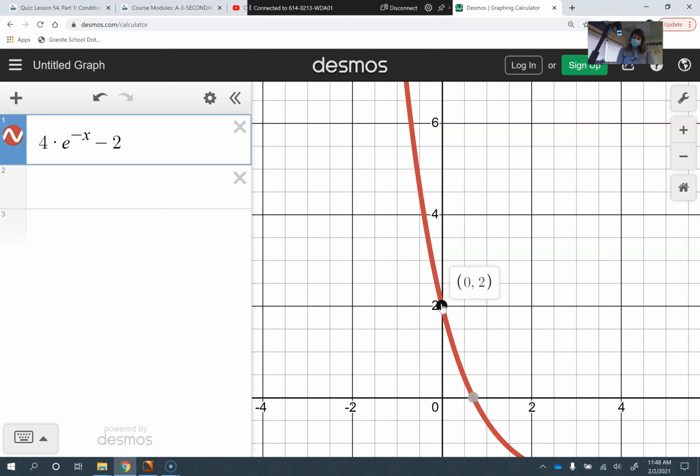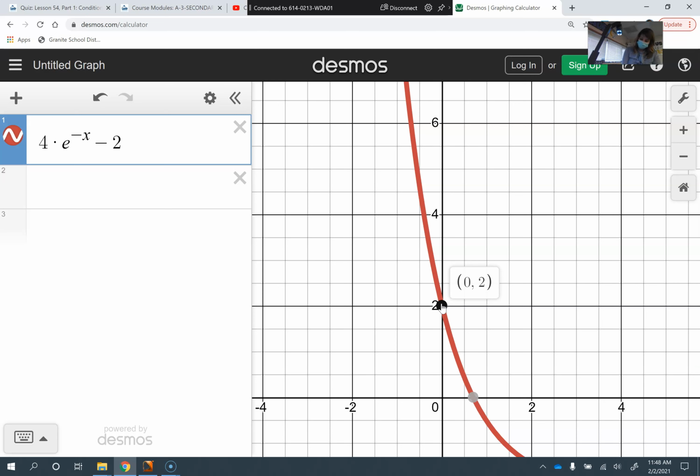This y-intercept is at 1/2 or 0.5. But then this guy means shift up by 4.